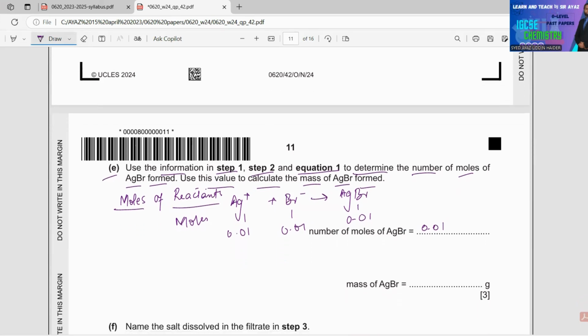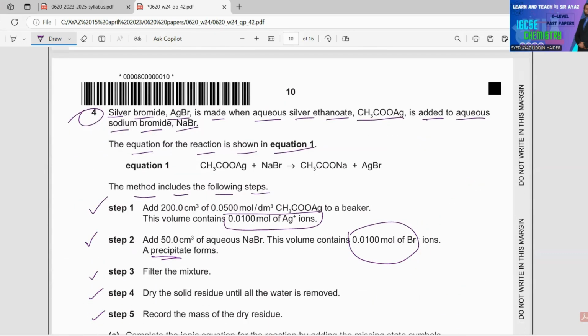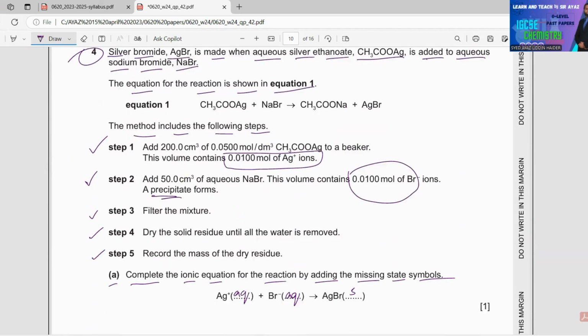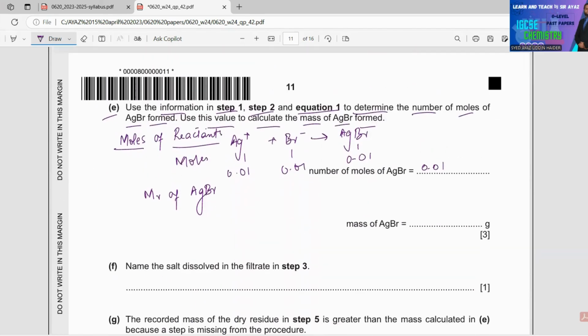Now, mass of AgBr. For this purpose, I need the Mr of AgBr. They didn't provide us with the Mr, so we need to work out the Mr of AgBr.